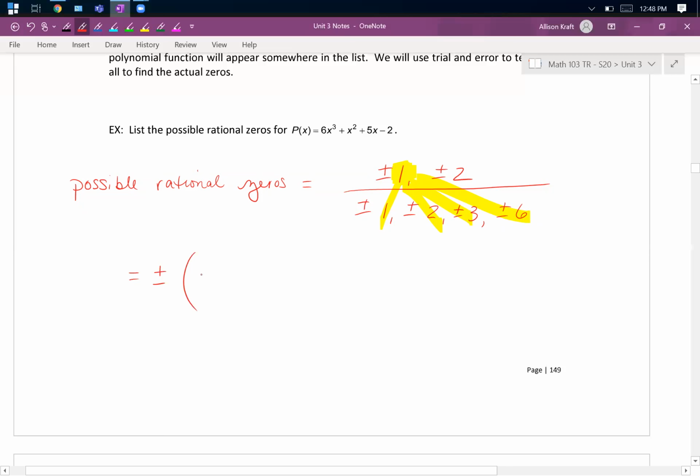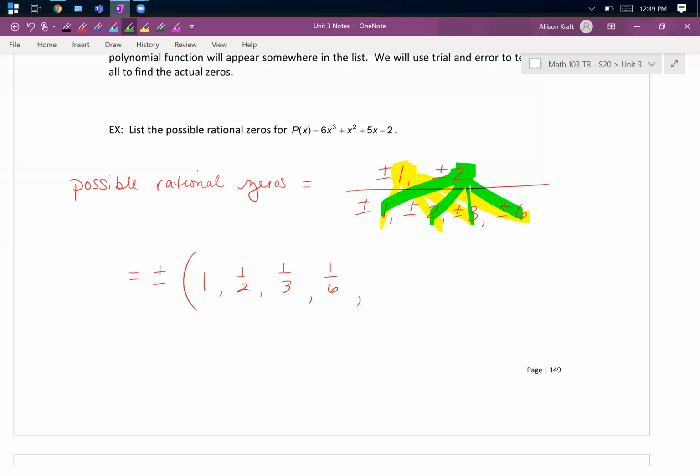So 1 over 1 simplifies to be 1. 1 over 2 is a half. 1 over 3, a third. 1 over 6, 1/6. And then I'm going to move on to the other number in my numerator. I'm going to take the 2 and pair it up with each one in the bottom.